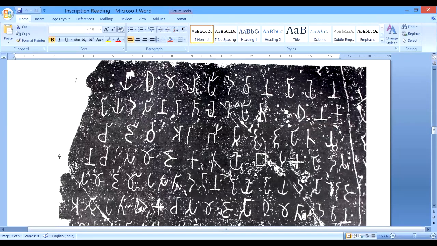Then come to the next word, that is devanam. Takara, ekara, vakara, and akara, nakara, anusvara. So very clearly you can see devanam. Then priyo, piya, piyo or priyo.